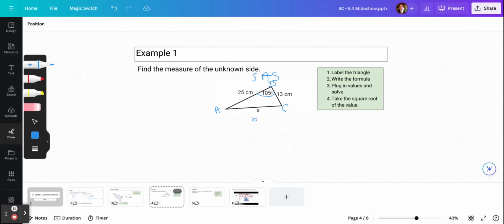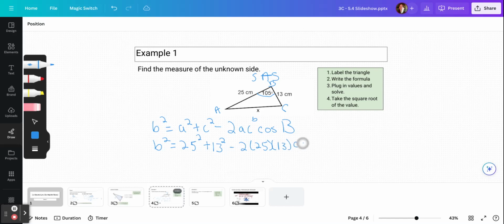If I write out my formula, I know that b squared equals the other two sides, a squared and c squared, minus 2ac cosine of angle B. Now I'm going to substitute in my values. a has a value of 25 squared plus c is 13 squared, minus 2 times 25 times 13 times the cosine of 105 degrees.